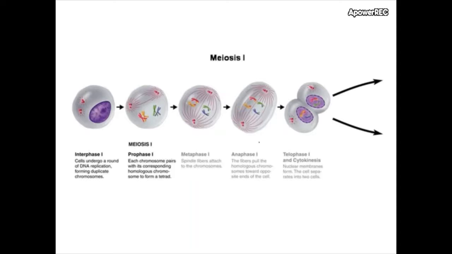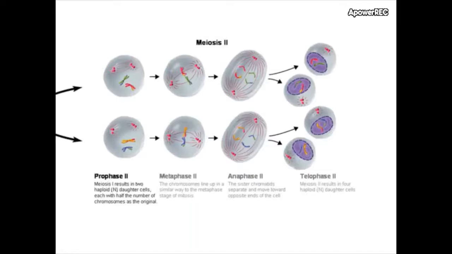But in meiosis, the division process happens twice. So you have what's called meiosis 1, which we see here, and meiosis 2. There are a number of similarities and differences between meiosis and mitosis across their sets of events, and as you simulate this process in the lab, it'll be your job to identify these similarities and differences.